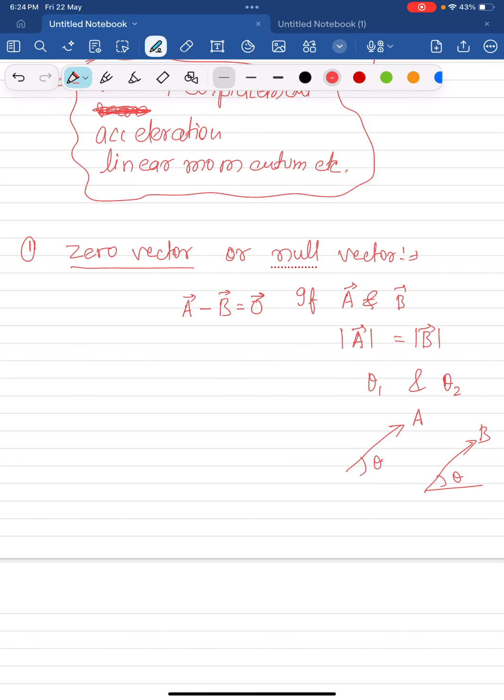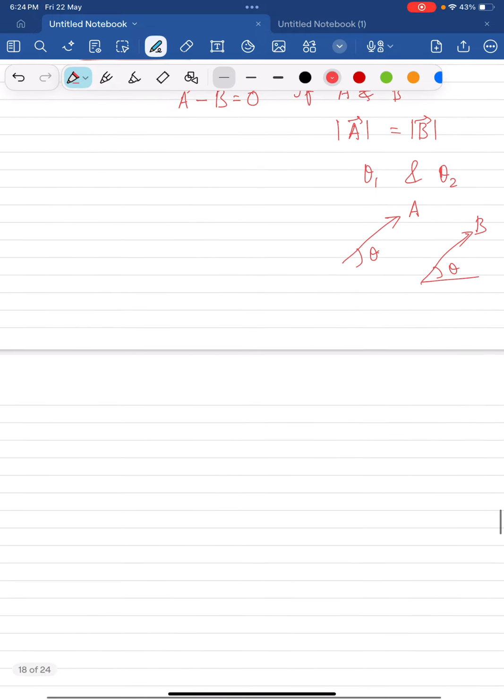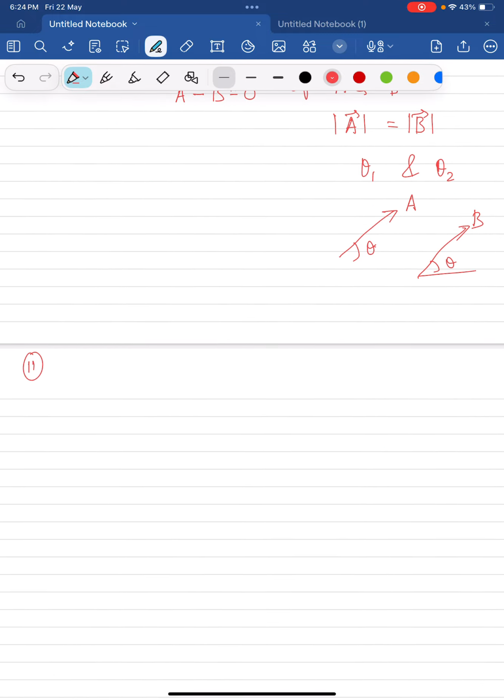So a vector is said to be a zero vector if its magnitude is 0. The next type of vector is equal vector. The second type is equal vector. Two or more vectors are said to be equal vectors if their magnitude and direction are the same.